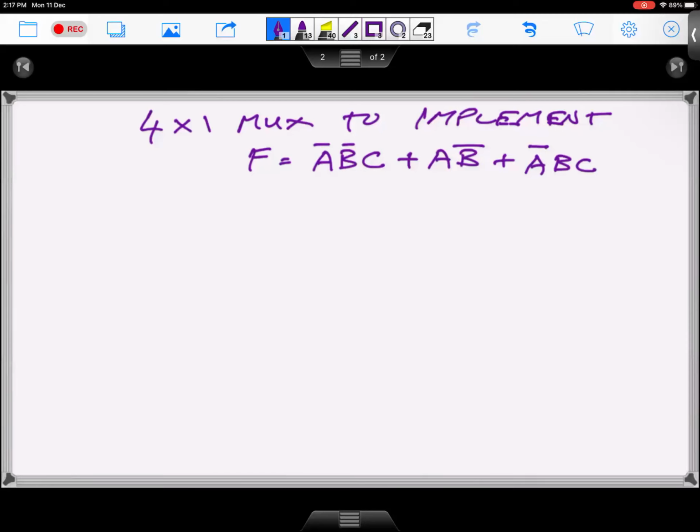So how do we do that? Well, we have to do the same thing. Basically, it's the same part at the beginning. We have to get that function onto a truth table.